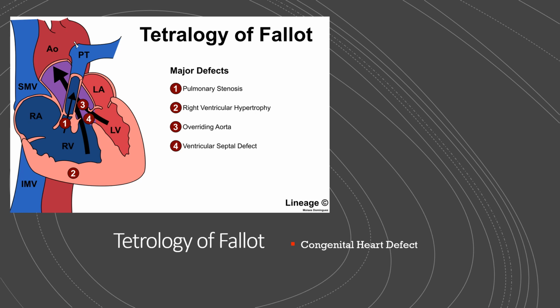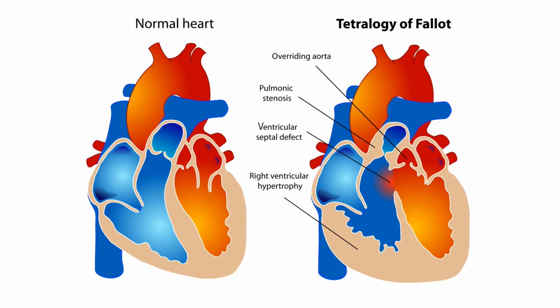As you can see in this diagram here, you have red blood, blue blood, and purple blood. This purple blood is the mixed venous and oxygenated blood, so it's got a lower saturation than just the oxygenated blood. You have blue blood and red blood mixing together and going out into the systemic system. Here is a picture of a normal heart versus the Tetralogy of Fallot heart.